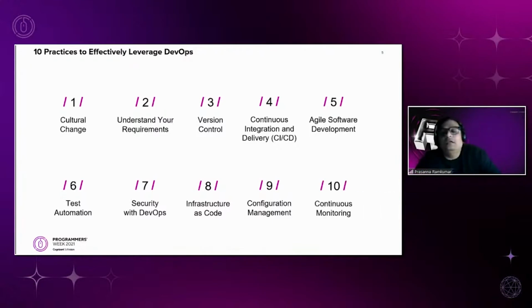Finally, continuous monitoring. You want to be thinking about monitoring in mature DevOps practices. You would be monitoring both your system resources and also your application itself. You want to be monitoring how your system resources are doing, and also whether your application is generating any errors.